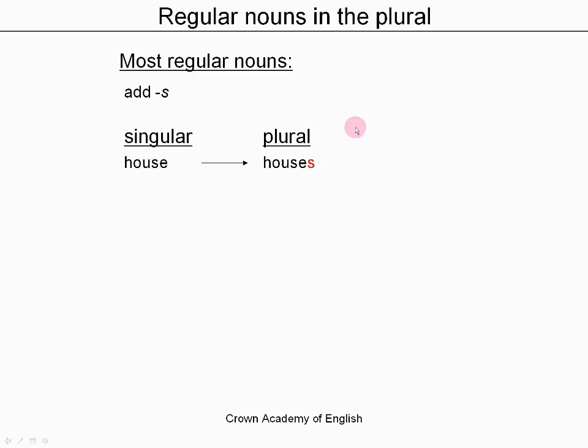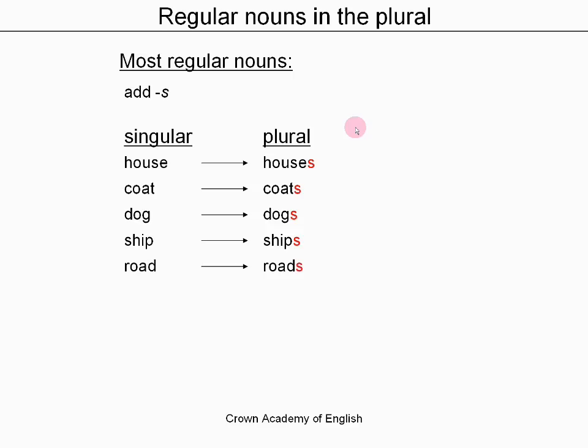And some other examples: coat, coats; dog, dogs; ship, ships. Okay. Road, roads, and many more examples.